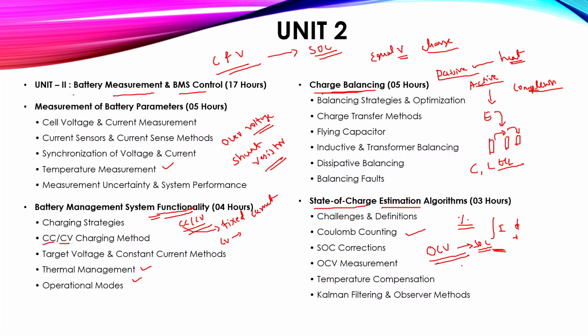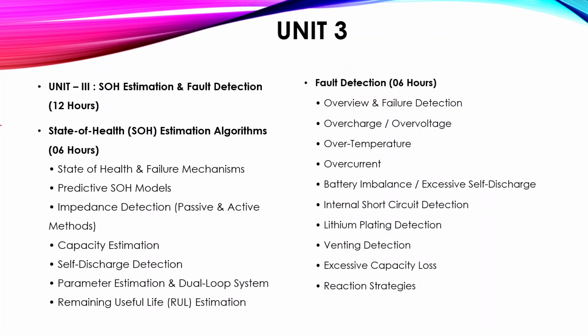Then coming to Unit 3, which is for SOH estimation and fault detection. Here SOH represents the condition of the battery compared to a new battery, where battery degradation occurs due to capacity fade and increase in internal resistance.